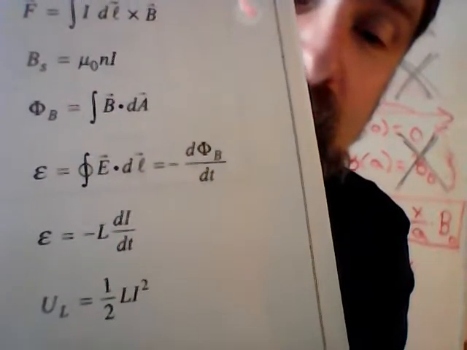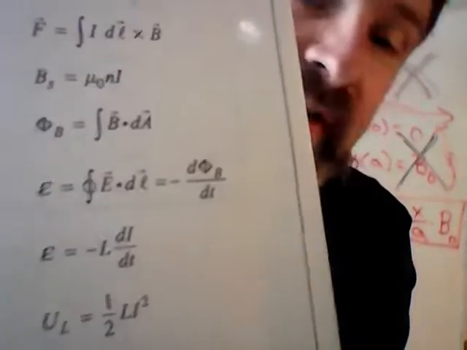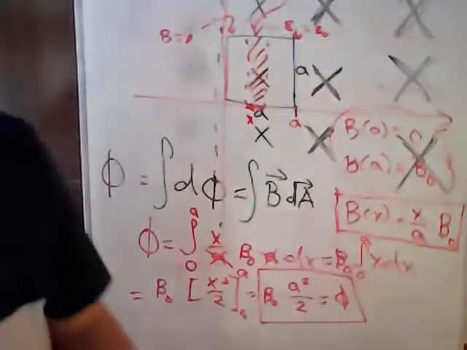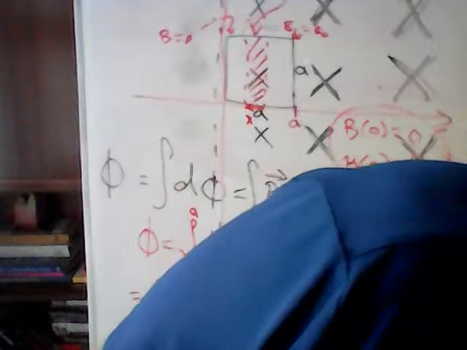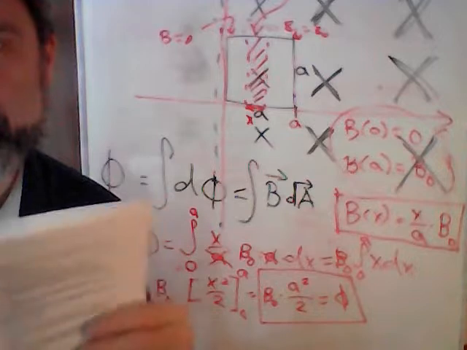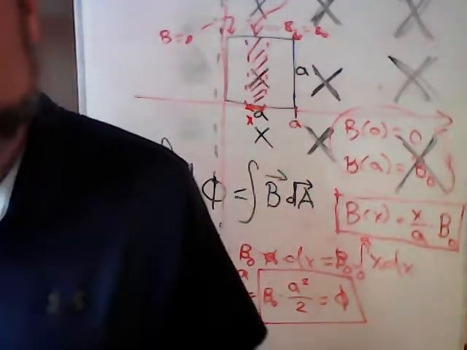Now we're moving our way through part 1 on the layout of the curriculum for the course. If you take a look at what we're supposed to know, we're in electromagnetism.